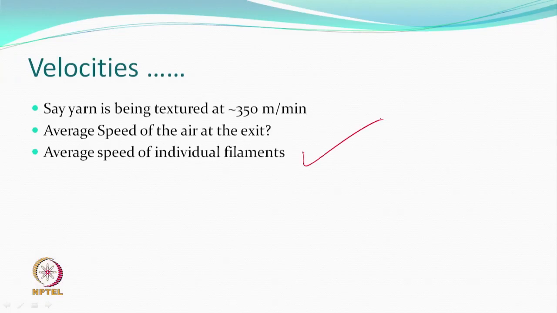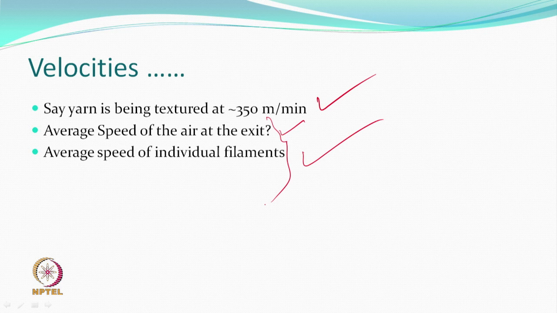It is moving fast, and so it is taking the filaments along with it, but we can assume that the speed of the individual filaments would be higher than this, and the average speed of the air should be higher than that of the filament.